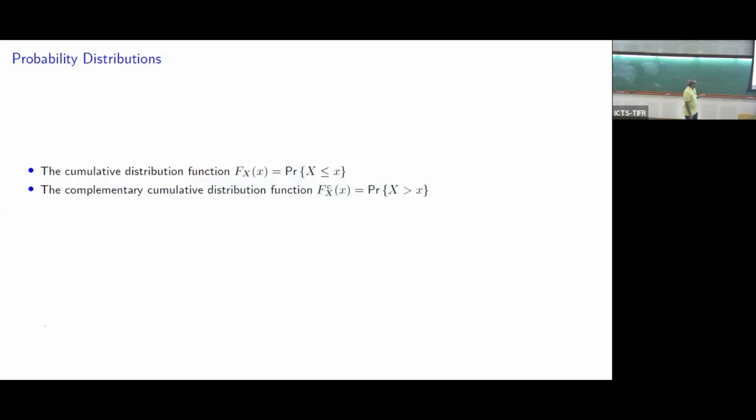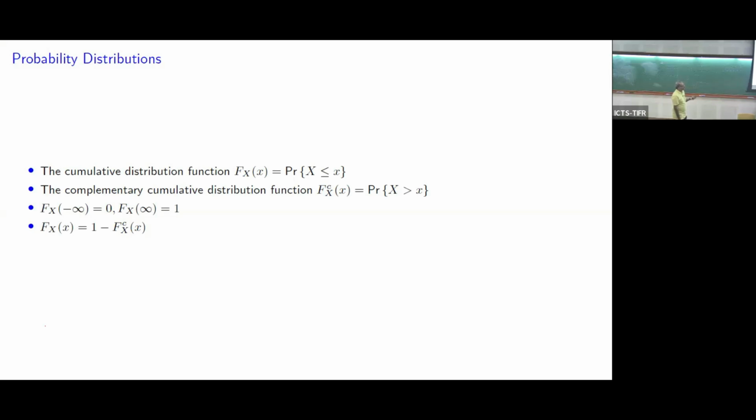So this will directly lead us to something called probability distributions, which is again something that is very important in modeling. The PMF is one way to talk about the probability of random variables taking a particular value. You can also equivalently talk about distributions in terms of what are known as cumulative distribution functions and complementary cumulative distribution functions.